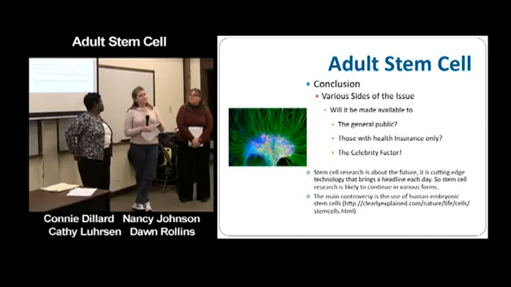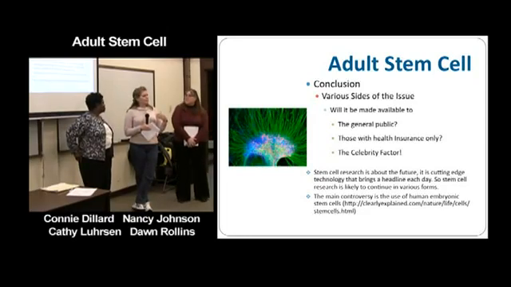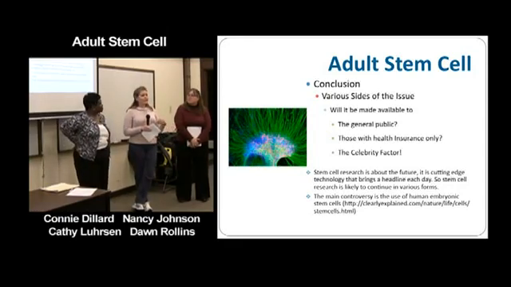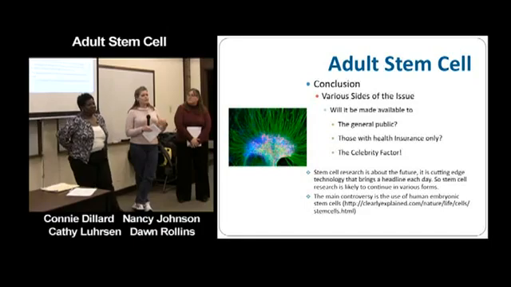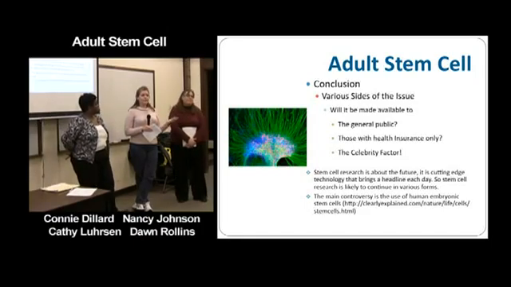That's what makes the adult stem cells so superior. And of course, there's less controversy, but for me, it just seemed we've always heard so much about the embryonic and the umbilical cord. You hardly ever hear anything about the adult stem cell. So it was very eye-opening to do this project and to find, geez, they're really the same thing. Well, actually, adult stem cells are much more superior.